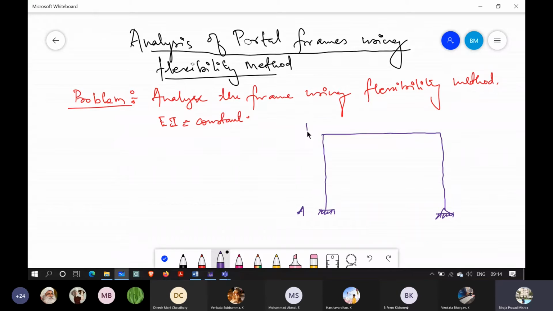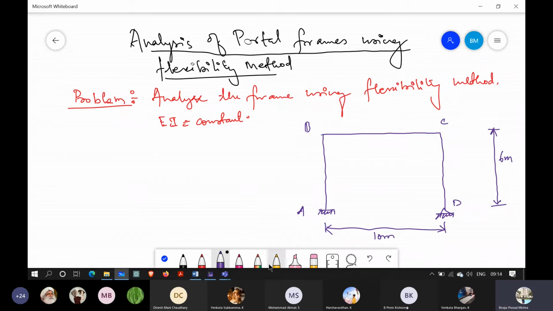This is A, this is B, this is C, this is D. This length is 10 meters, this length is 6 meters.